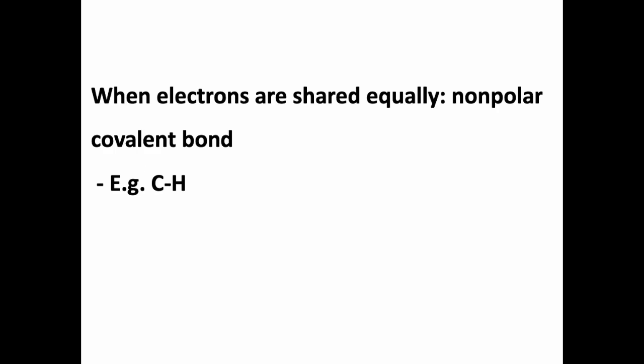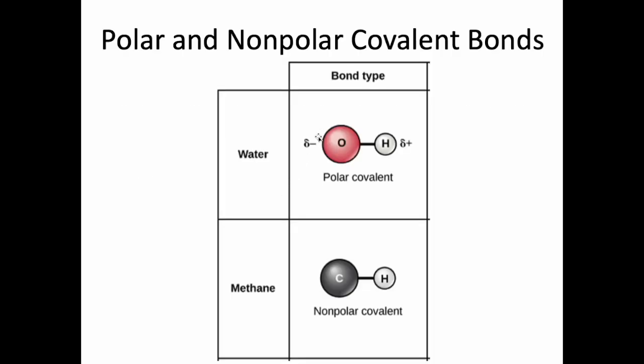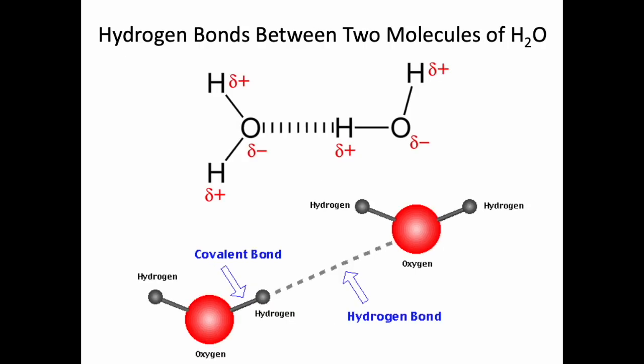So, okay. This is all backstory, because this is not a new type of bond. These are just different types of covalent bonds. There's a new bond here that we call hydrogen bonds. Hydrogen bonds are attractions between the partial negatives and the partial positives in two different molecules or groups.